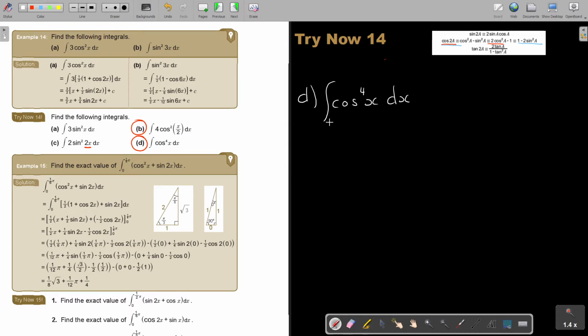Okay, now what will that be? That will be cos squared x times cos squared x, because I only know square x, and then I integrate with respect to x. Okay, now I'm going to replace cos squared x.